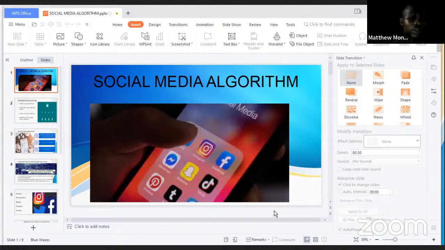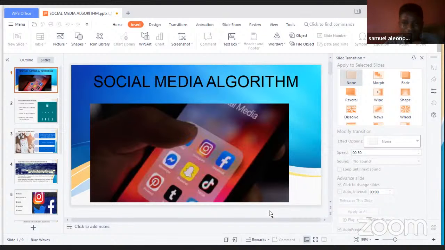Algorithms are rules, programs, commands that are used to achieve a goal. Okay, thank you.